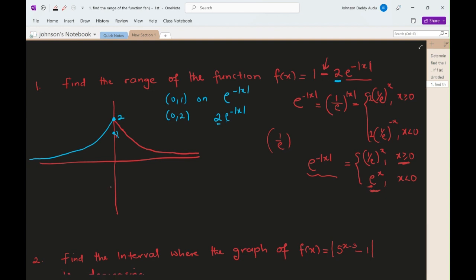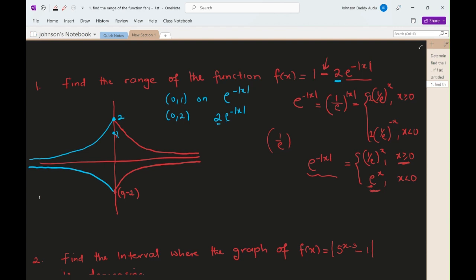So if this point is 0, 2, you are coming to a point which is going to be 0, minus 2. And so we're going to have something like this. This is going to be here also. Don't touch the horizontal axis, so it gets very close. And here, it will be something like this.